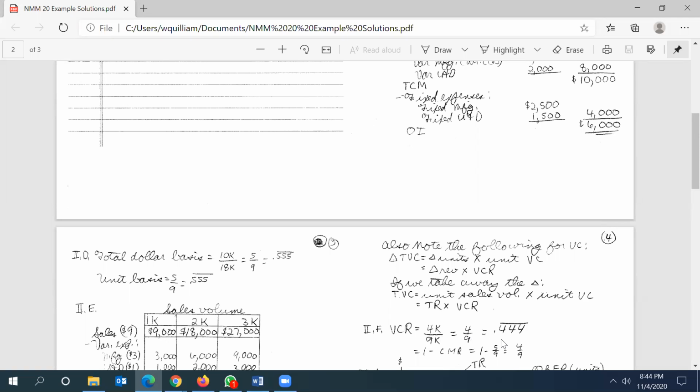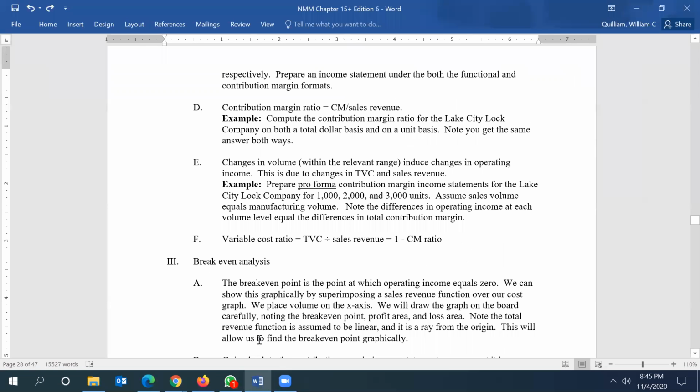So we're saying that out of every sales dollar, a little bit over 44.4 cents is going to be eaten up by variable costs. Again, this equals 1 minus the contribution margin ratio. So 1 minus 5/9 equals 4/9, or again, 0.444 repeating decimal. So we'll need that number in just a little bit. A couple of easy ratios there.